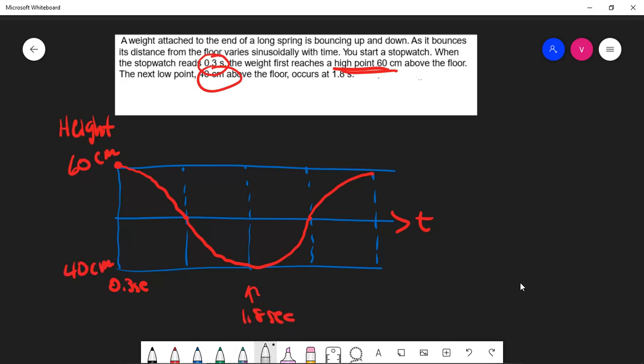So what you need to do is find out the time between, that's just half a cycle there. So 1.8 minus 0.3 would be 1.5 seconds divided by 2. So it's 0.75 seconds in each quadrant.